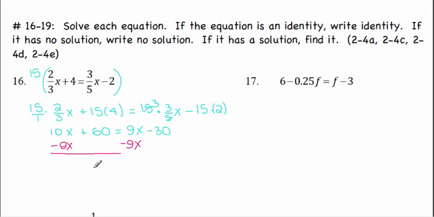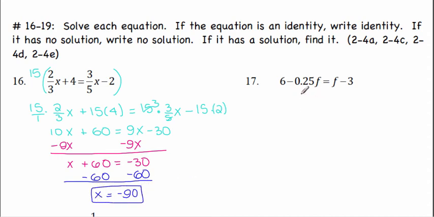So I'm going to move my 9x by subtracting 9x from both sides. Now move my 60 over to the right. I'm going to do that by subtracting. And I now have x is equal to negative 90.